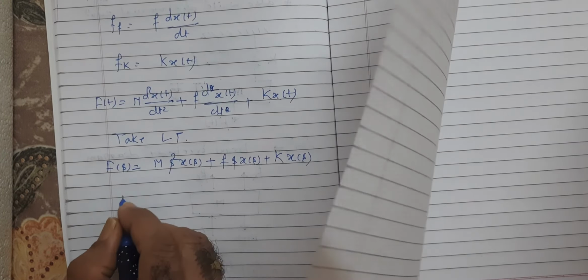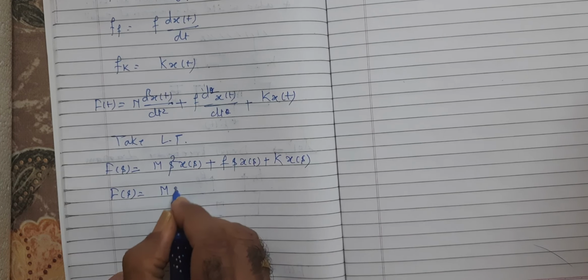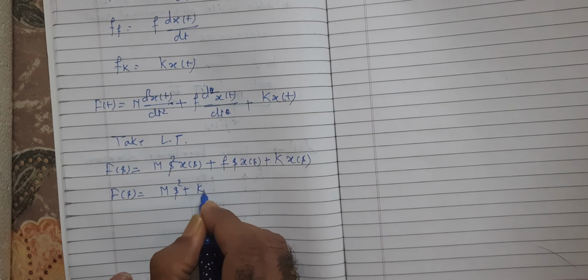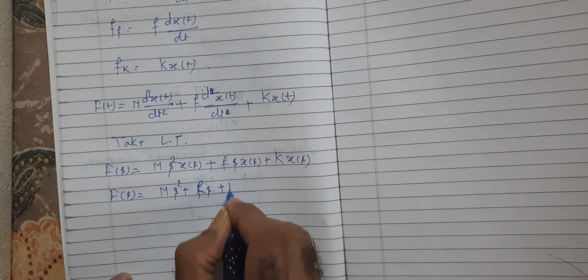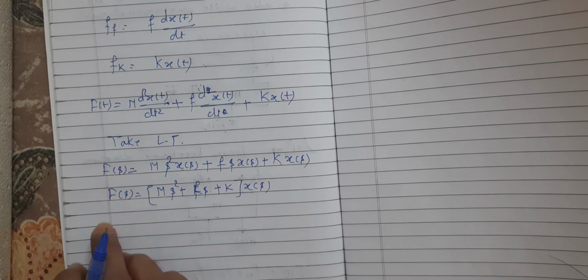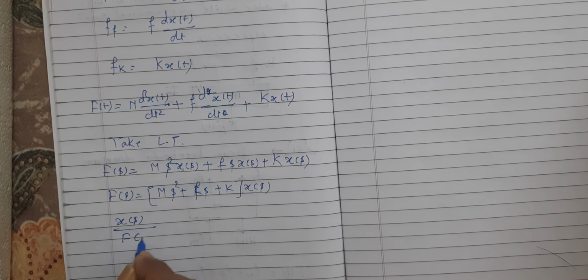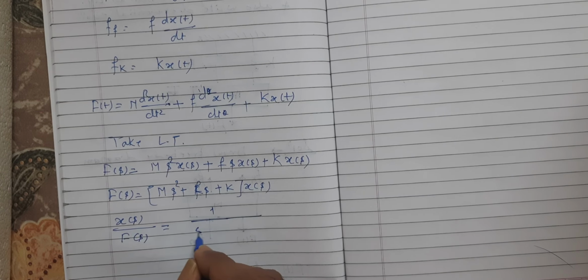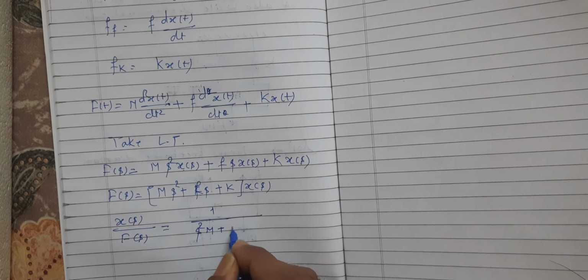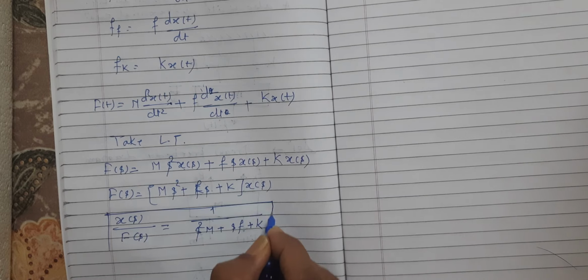So f of s equals (m s square plus f s plus k) multiplied by x of s, as x of s is common. So we can write x of s divided by f of s equals 1 divided by (m s square plus f s plus k). This is the transfer function.